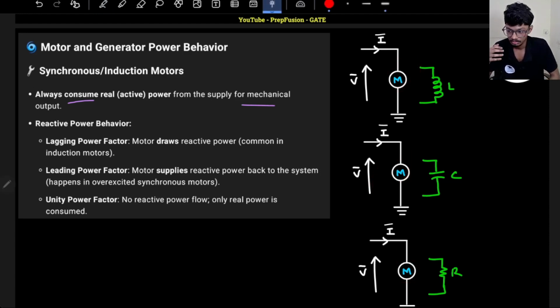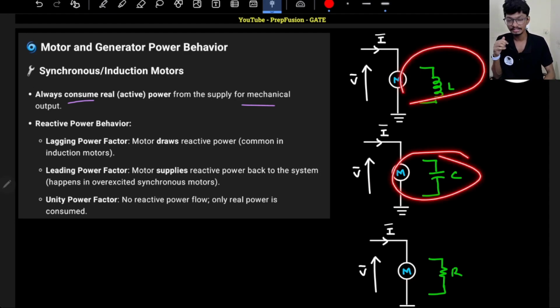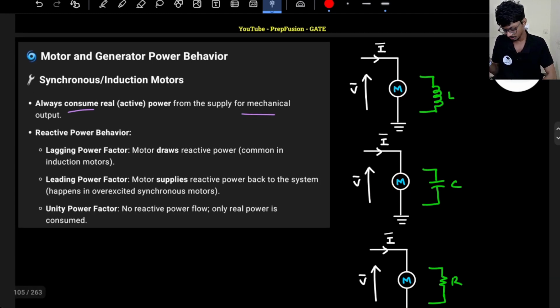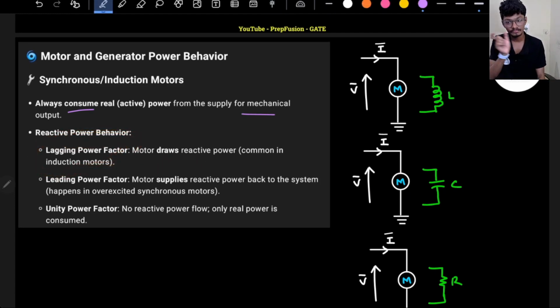But a synchronous motor can behave as a capacitive load or an inductive load depending on the excitation. We will discuss how we can change the excitation in the next lectures, but for now we say that our motor is operating at lagging power factor when the motor draws reactive power.